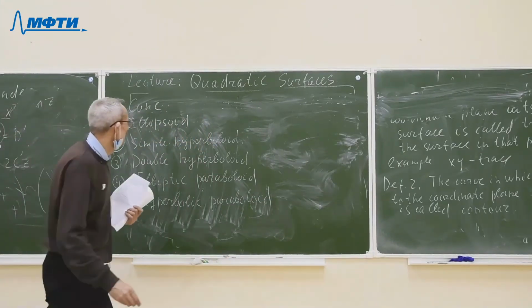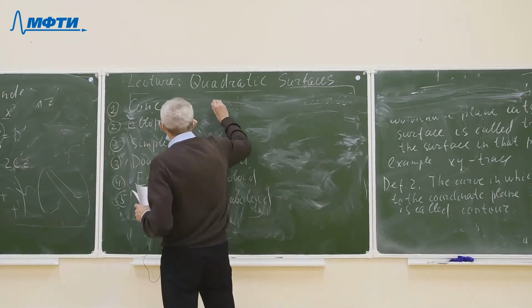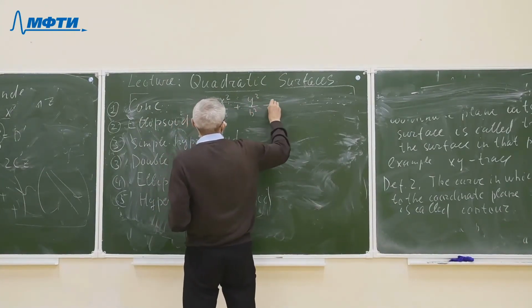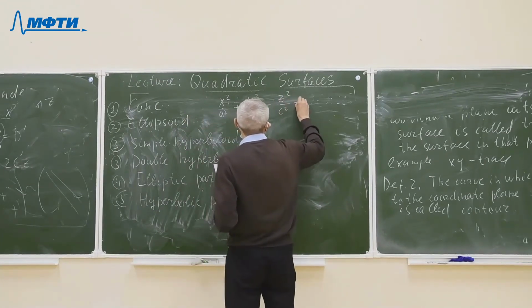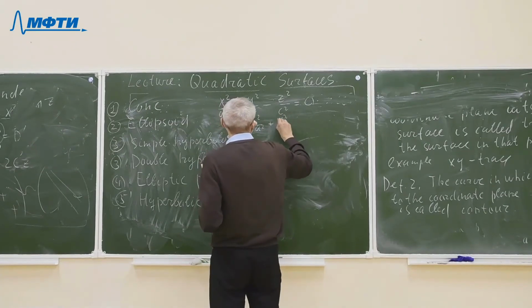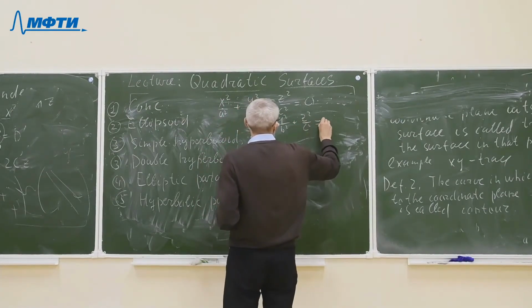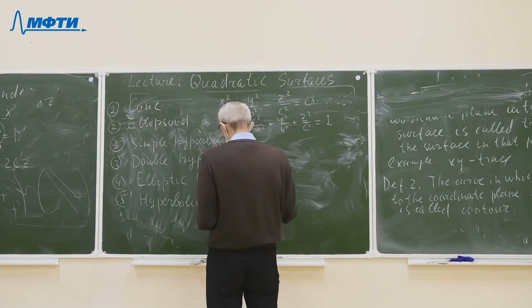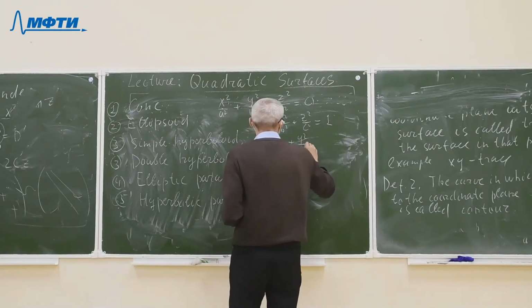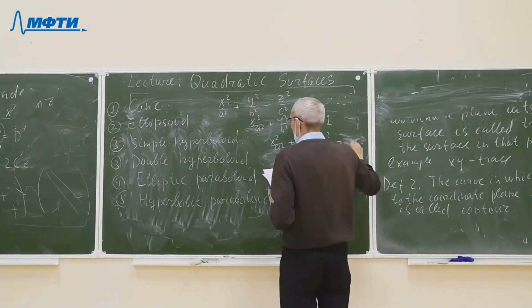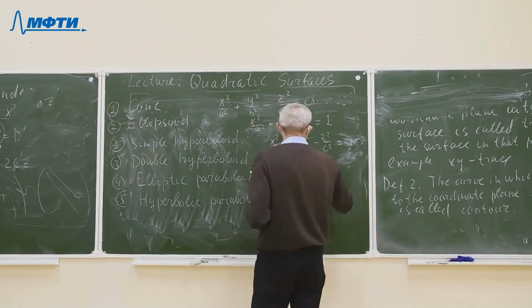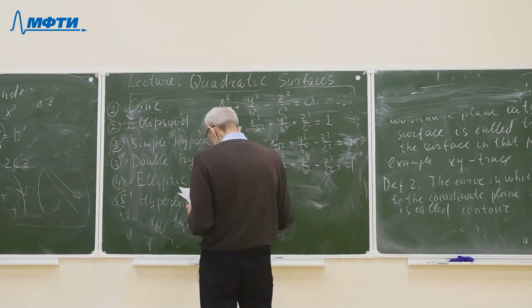The list of the basic surfaces: cone, ellipsoid, simple hyperboloid, double, elliptic.